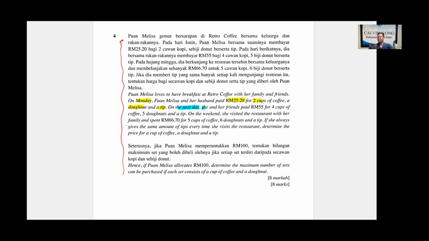Her friends paid 55 ringgit for 4 cups and these 3 things. On the weekend, is it Puan Melissa or her friends? No, her friends must be they. So this is talking about Puan Melissa, who visited the restaurant with her family and spent so much for this. Okay, determine the price.